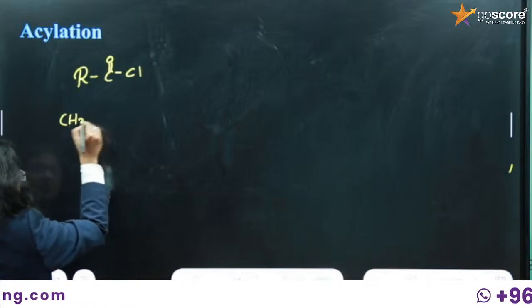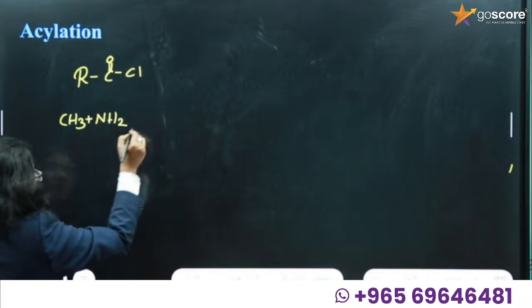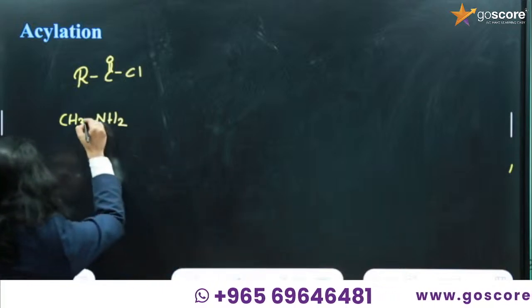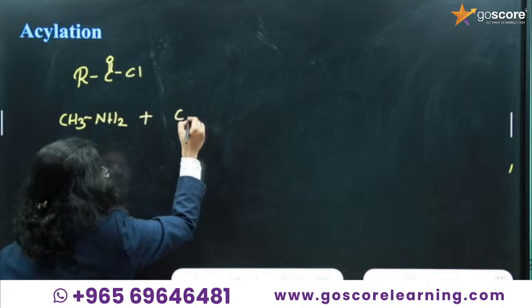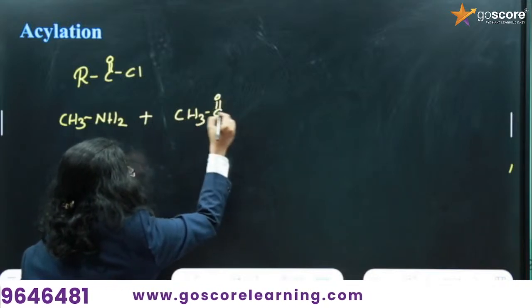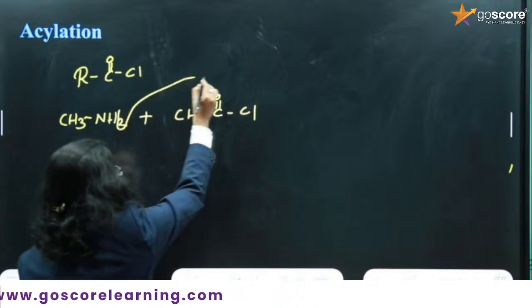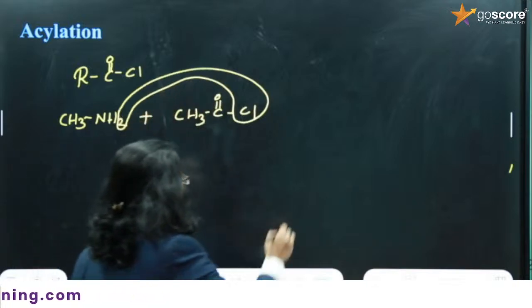CH3NH2 plus CH3C double bond O Cl. Just eliminate one H and the Cl, eliminating HCl.